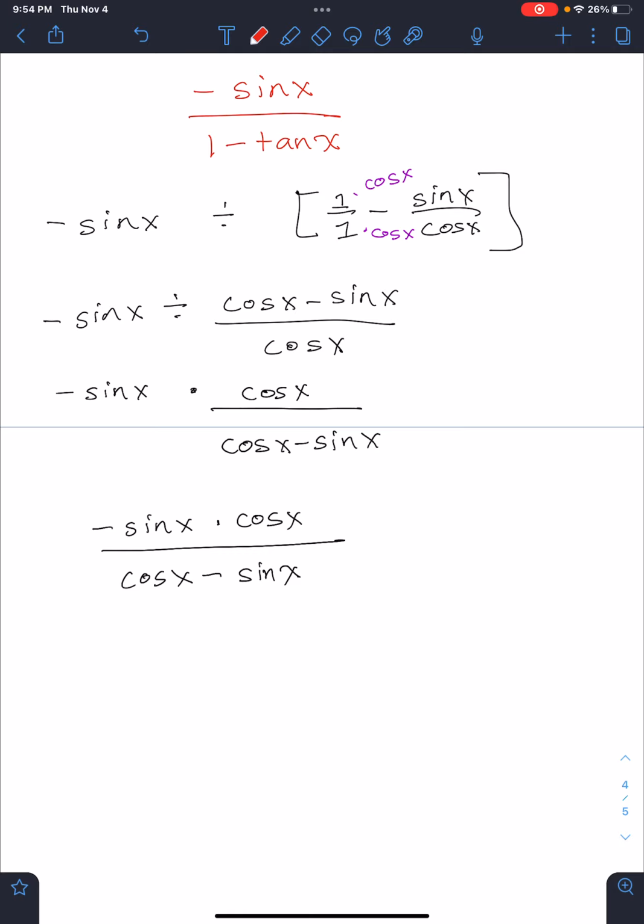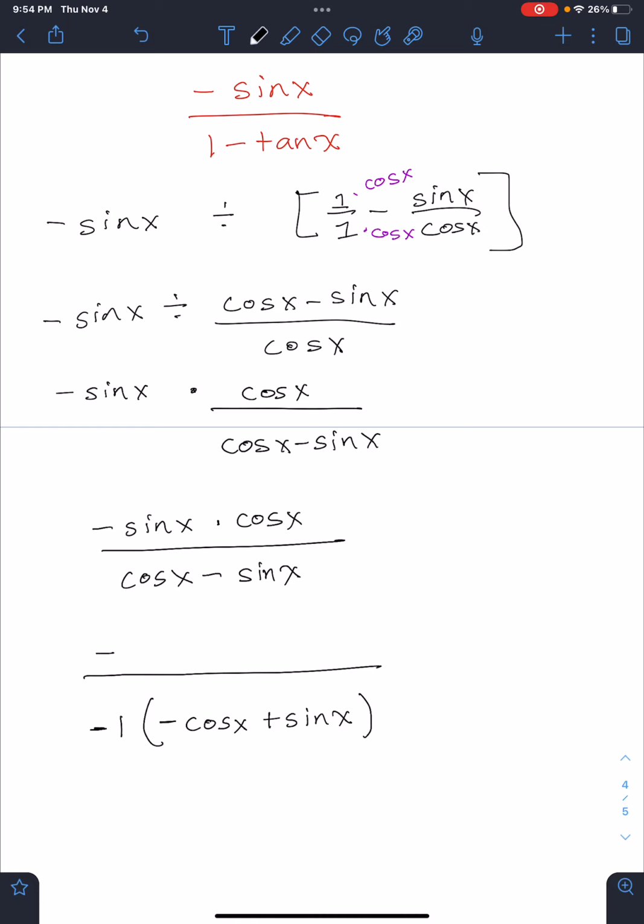So all we're going to do is on the bottom, we're going to factor out a negative 1. So just watch this. I'm going to take a negative 1 out on the bottom. And this is going to become negative cosine of x. And this is going to become sine of x.